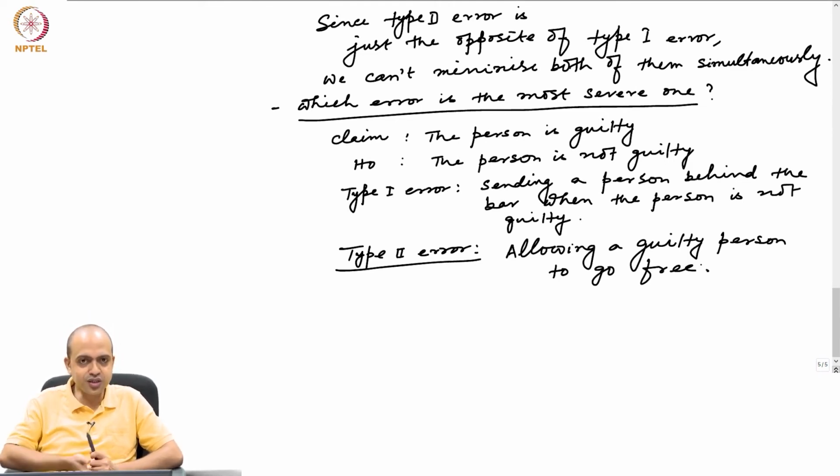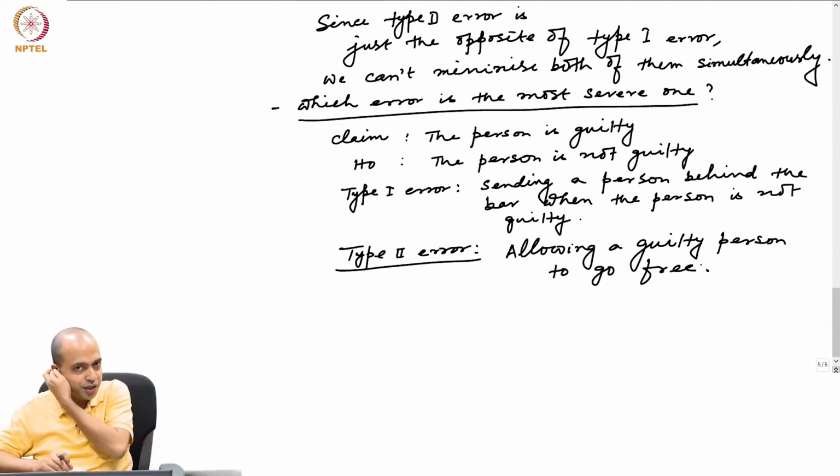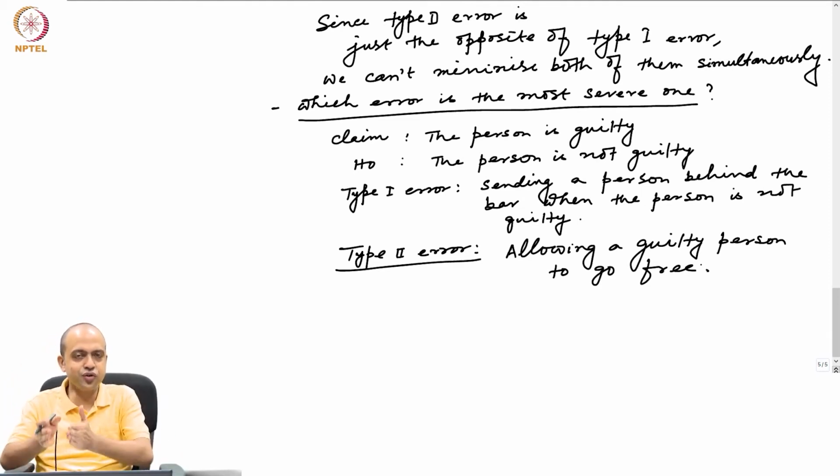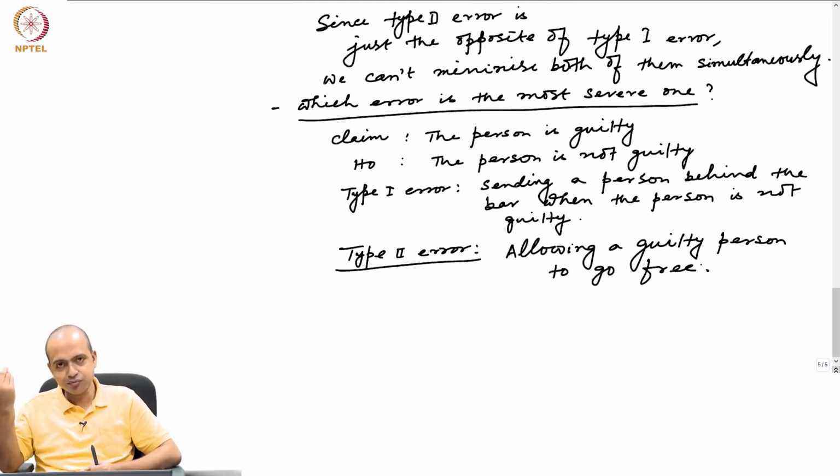Now, if you think about these two cases, obviously sending an innocent person behind the bar is most dangerous compared to the second one, because justice says that you can even let a person go free when he or she is guilty, but you should never send an innocent person behind the bar.